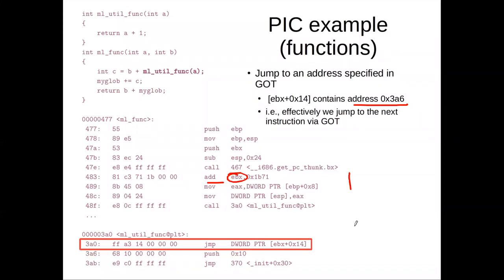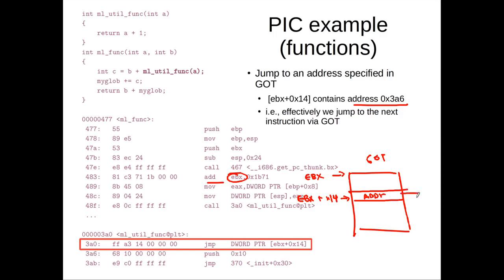Imagine this was the GOT. EBX points here. EBX plus 14 is somewhere here. Let me write it down. EBX plus 0x14. We'll take this address, which is here, and jump to it, right?